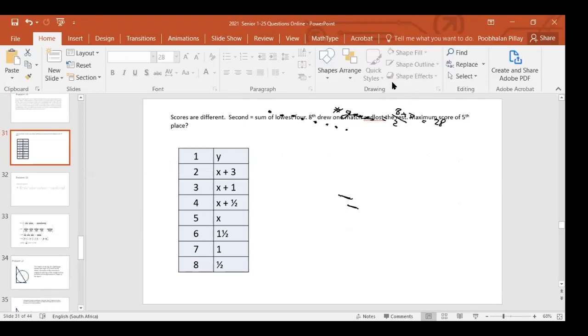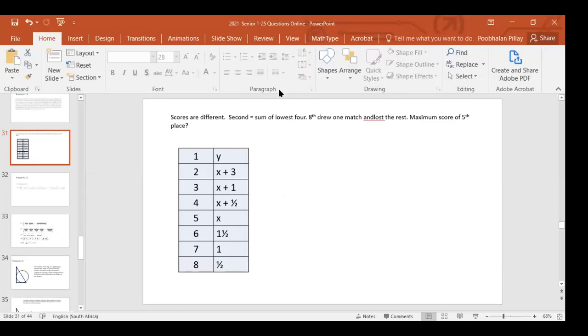Bearing in mind the scores are different, the second is the sum of the lowest four, and the eighth drew one match and lost the rest. You want to know the maximum score of the person in the fifth place. So for that reason, I give the name X to number 5, and I want to know the largest possible value for X. That is the question.